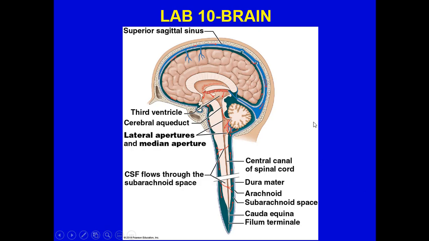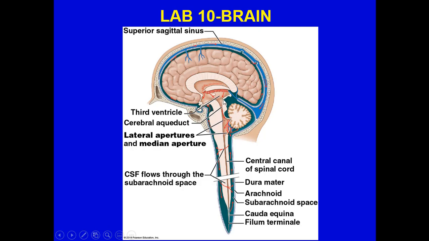What am I saying here? Here is the cerebellum. Here, over on this side and on this side would be the lateral ventricles. They empty into this third ventricle. There's a tissue that connects both sides of these, that sort of runs in between it.